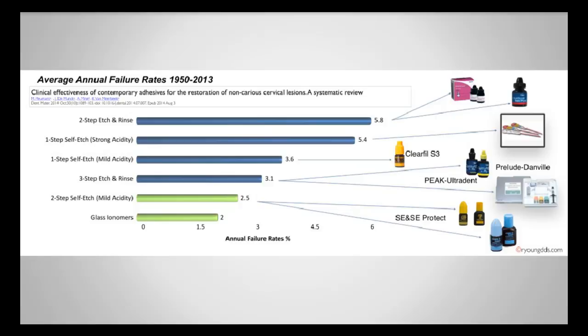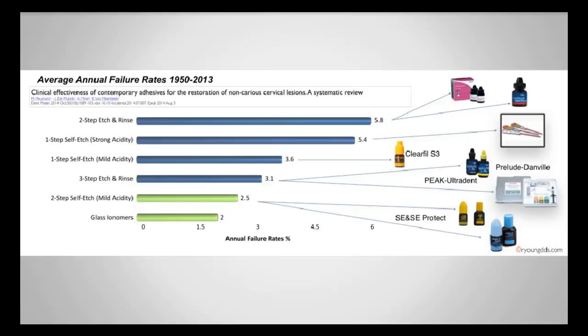Next was your three-step etch, prime, and rinse system, which would be Optibond FL, Peak Ultradent, Prelude Danville, these here. And then your one-step self-etch mild acidity, you've got Clearfil S3 right here. So if you look at the 5 gold standards, this is kind of where they come from right here.